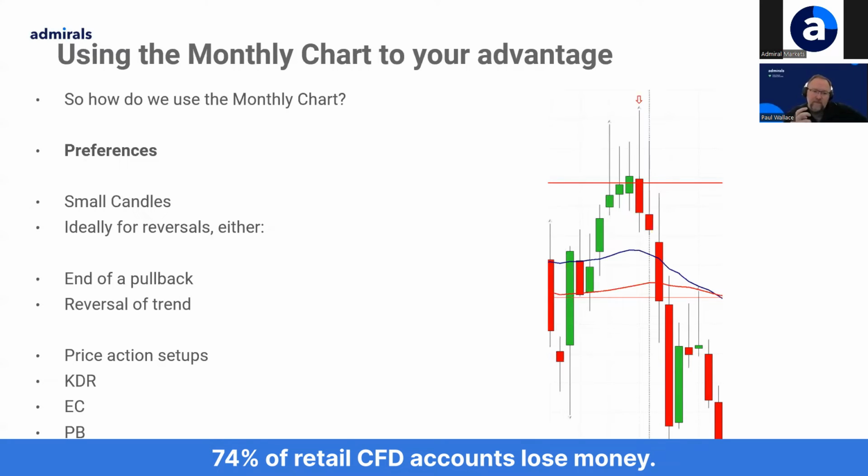Well, my preference here, let's just bring up the drawing tools, is that in an ideal world, I would normally be looking for small candles that give me the idea of a possible reversal or a possible move, where that could be the end of a pullback or the reversal of a trend.